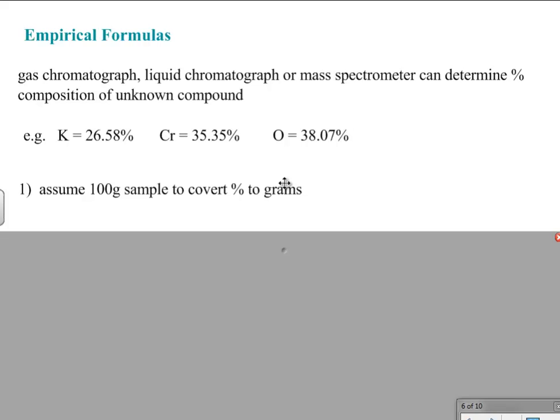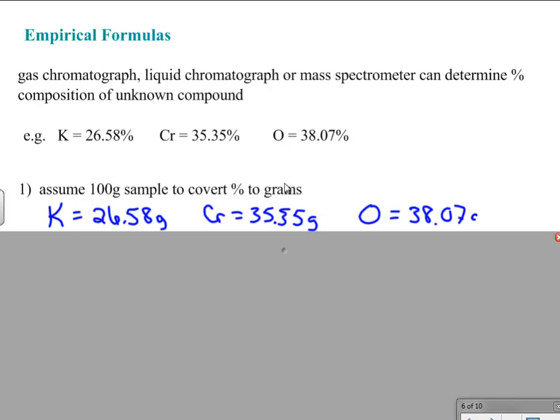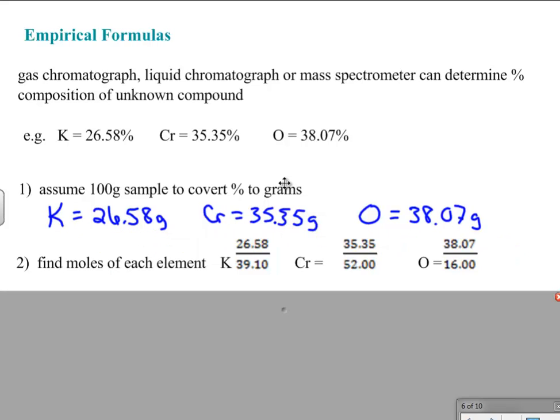So if I have 26.58% potassium in my compound, that's the same as saying that in 100 grams of my sample, 26.58 grams of it is potassium. So when I'm doing empirical formulas to look at the mole ratio of elements in a compound, and I start with percent composition, I convert those percentages to grams. If I'm already at grams, I don't have to do this step.